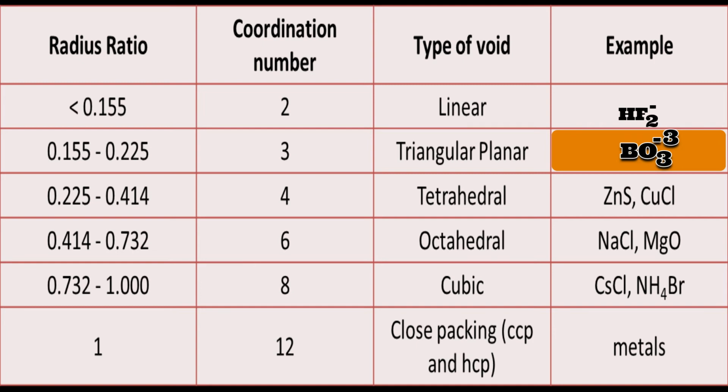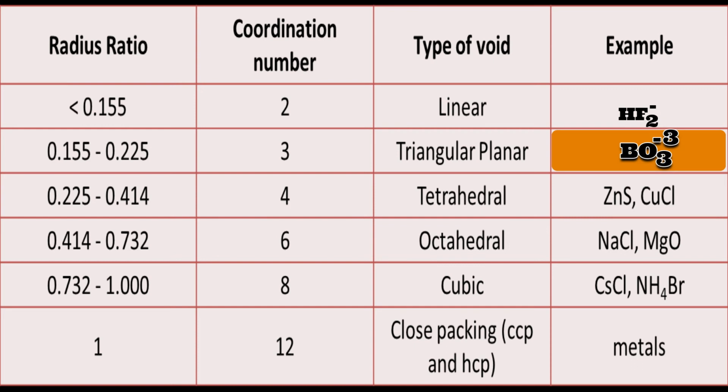And if the radius ratio is more than 0.732 up to the other limiting condition, that is 1, then the coordination number will be 8. And what is the type of that void? Cubic void. These voids, cubic, octahedral and tetrahedral, we have discussed.